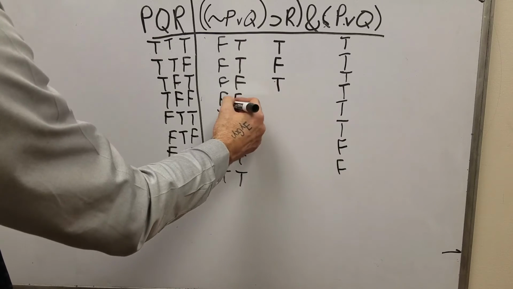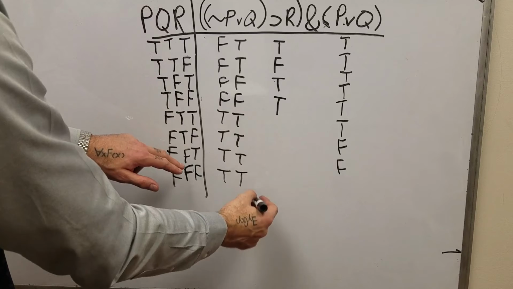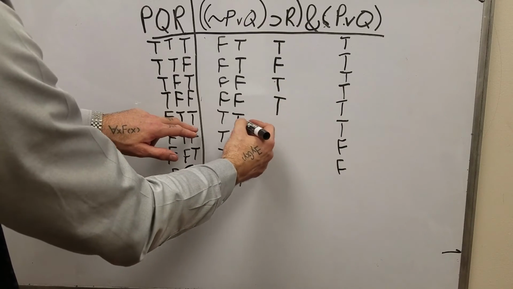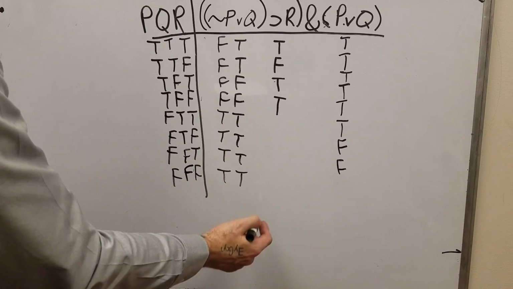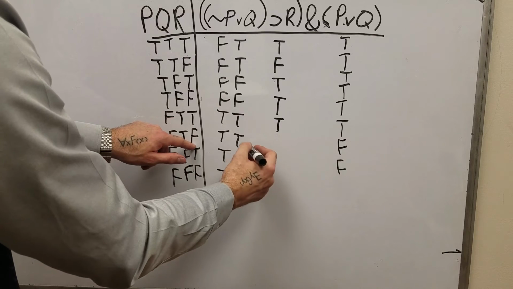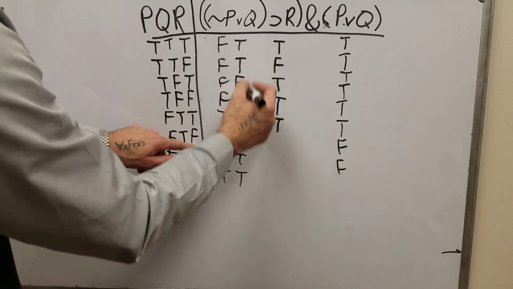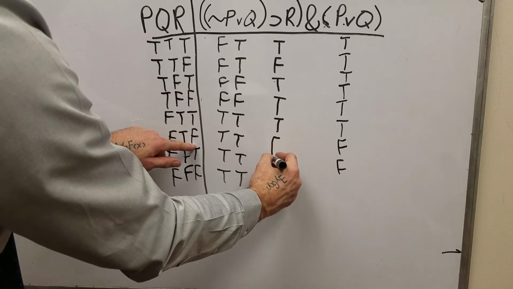False antecedent makes the conditional true. So now we're looking for any row where R is false, because we know that the antecedent is true in all these rows. So the conditional is true here. Oh, it's false here because the antecedent's true, but R is false. R is the consequent, right?